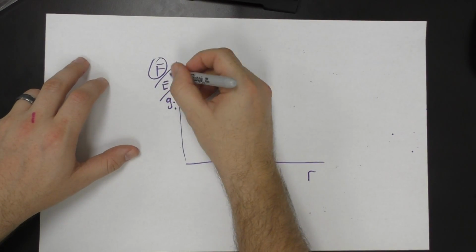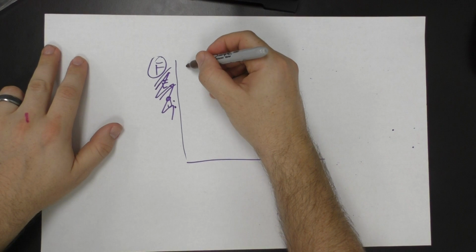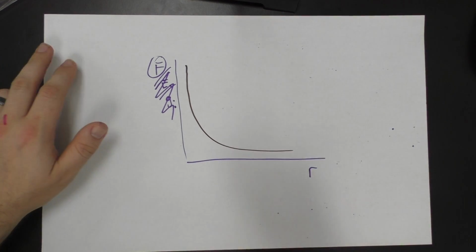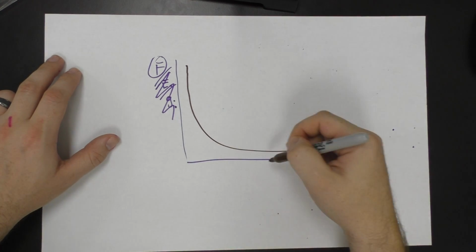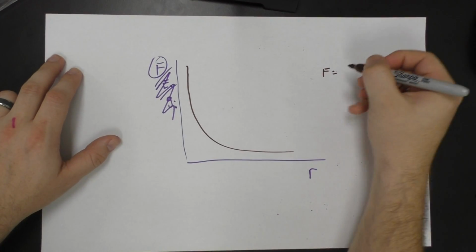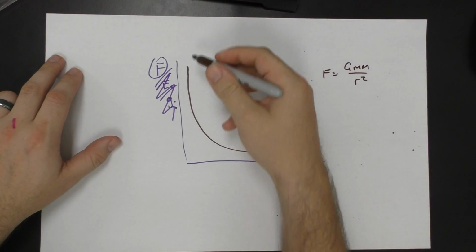We're going to focus on force for the moment, and we're going to use the force idea to talk about that. So again, the graph is something like that, a nice curve, but it's actually an inverse square, because remember, force is equal to GM over R squared, so that's why I've drawn this a bit steeper.